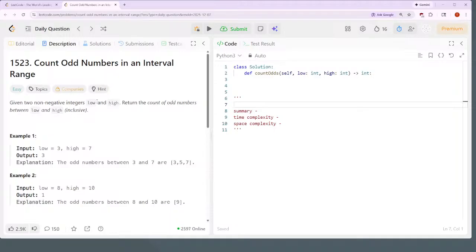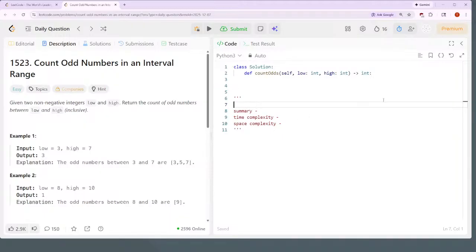But the better way would be to determine just the difference between high and low. That gives you kind of a rough estimate of how many values there are. Roughly half of that would be odd, right? But it's not always going to be half. You just need to consider the edge values, the low and high value, whether or not they're odd, and determine it from there.